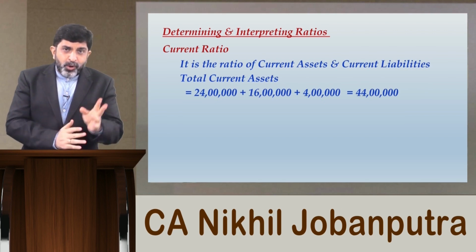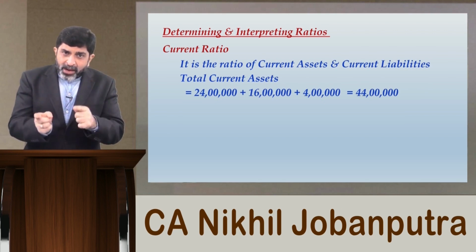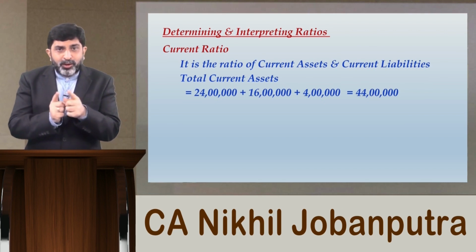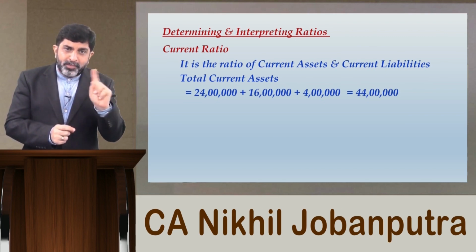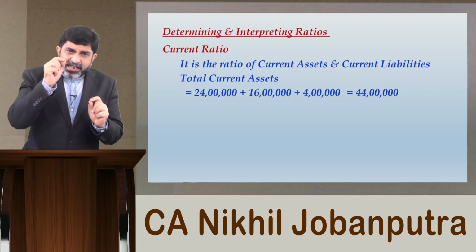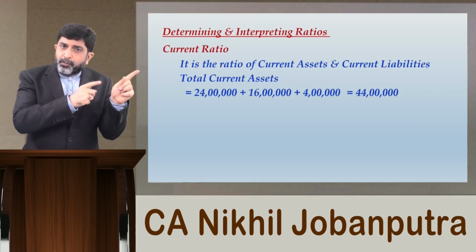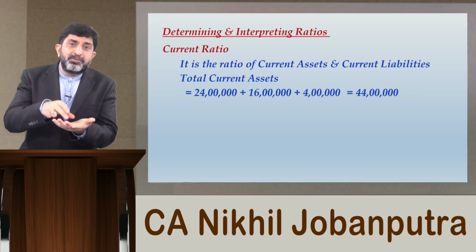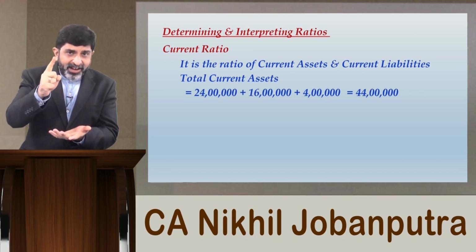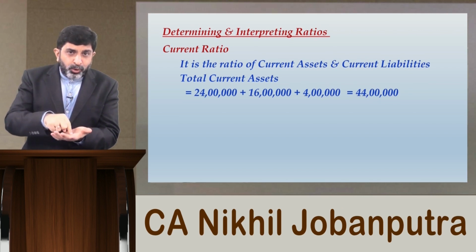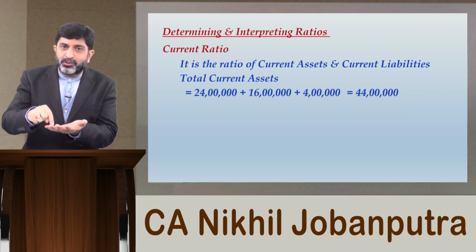Look at one thing. The question has given you two balance sheets. One was the opening balance sheet and one is the closing balance sheet. The reference of the opening balance sheet should not be given. There will be limited use of the information from the opening balance sheet, because we are determining ratios at which date. That is the idea. We are determining ratios not on 31st March 2019.